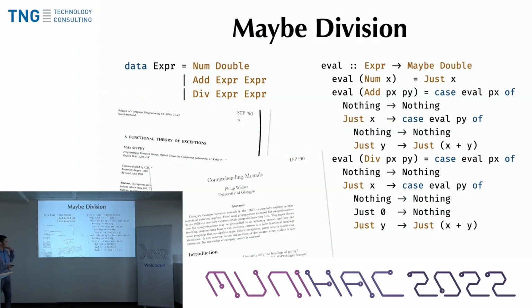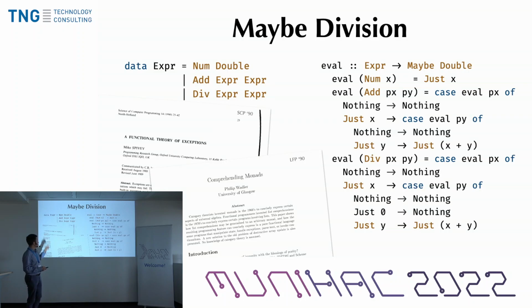The history of this goes back to originally someone called Moggi, who looked at some category theory and saw how models of effects in category theory worked out nicely using these things called monads. But independently, there was work by Mike Spivey at the end of the 80s, early 90s, on a functional theory of exceptions, where he introduced the terms Maybe and Nothing that we use today. And then very shortly after, Phil Wadler popularized this for lots of different monads as well.